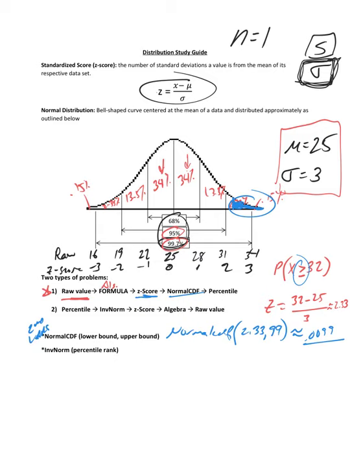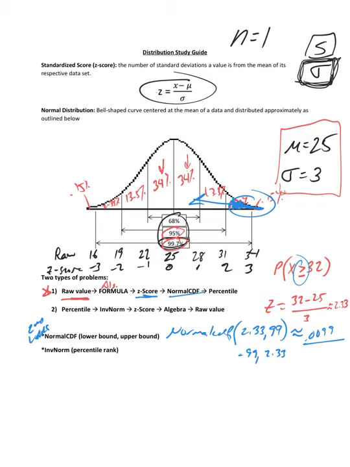So that's one way. Now you could have asked less than 32, in which case we'd be finding all the area to the left, and that would be negative 99 to 2.33, which of course would be 1 minus that answer, or about 99%. Or we could even ask a between scenario. So we could ask what are the chances that they score between a 25 and a 32.